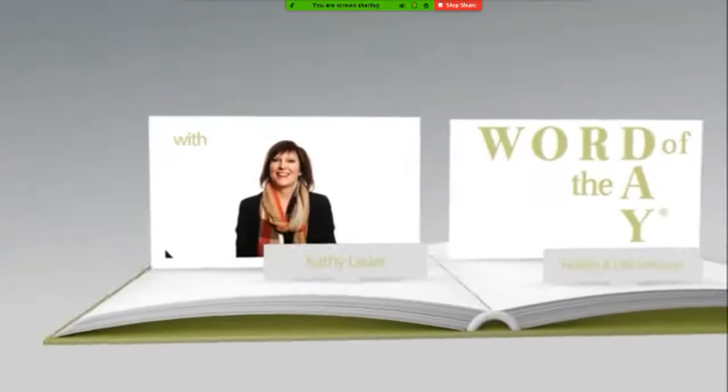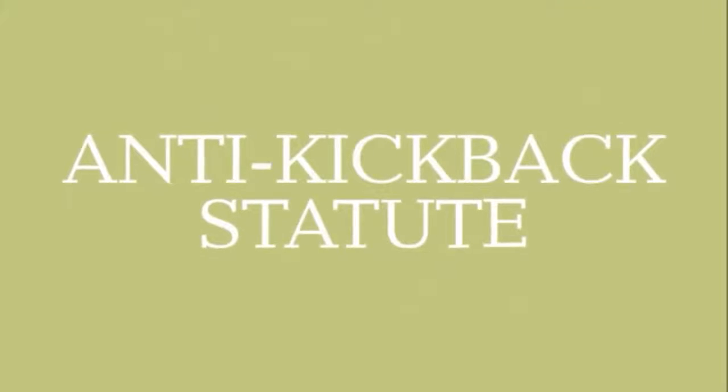Latham's word of the day from the Book of Jargon, Healthcare and Life Sciences, is anti-kickback statute. The federal anti-kickback statute is a federal law that prohibits the offer, payment, solicitation, or receipt of remuneration that is intended to induce the referral, recommendation, or arranging for items or services paid for by federal healthcare programs.